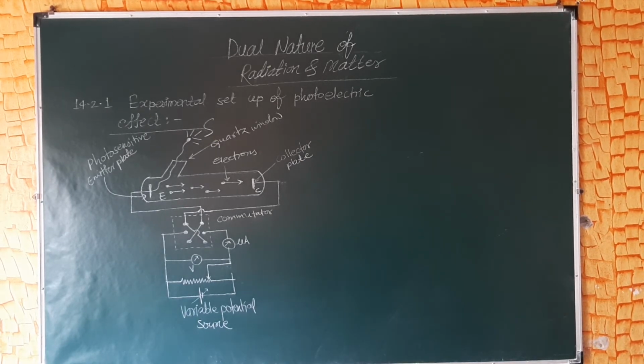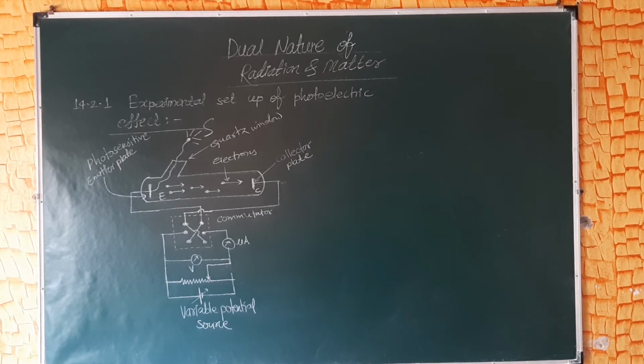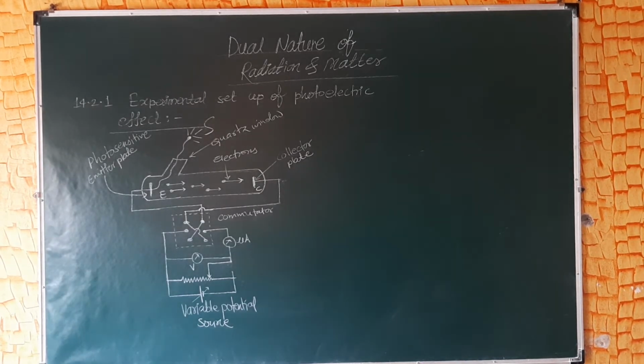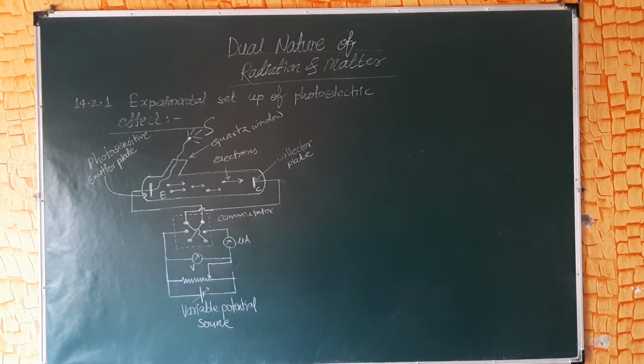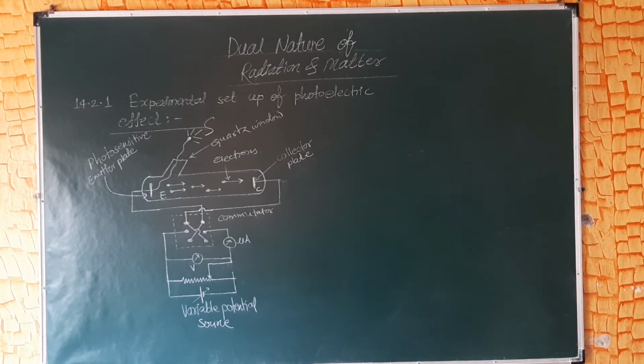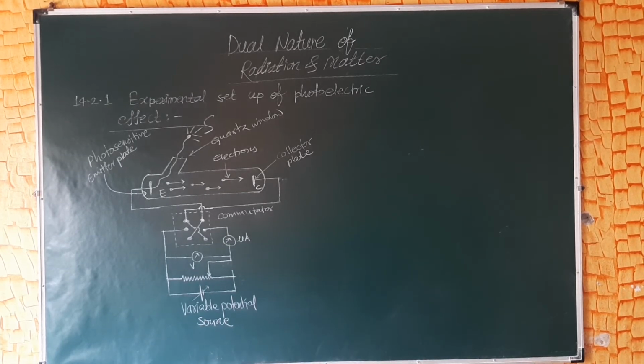This potential difference can be varied, and C can even be at a negative potential with respect to E. When the anode potential V is positive, it accelerates the electrons, hence it is called accelerating potential, while when V is negative, it retards the flow of electrons, therefore known as retarding potential.